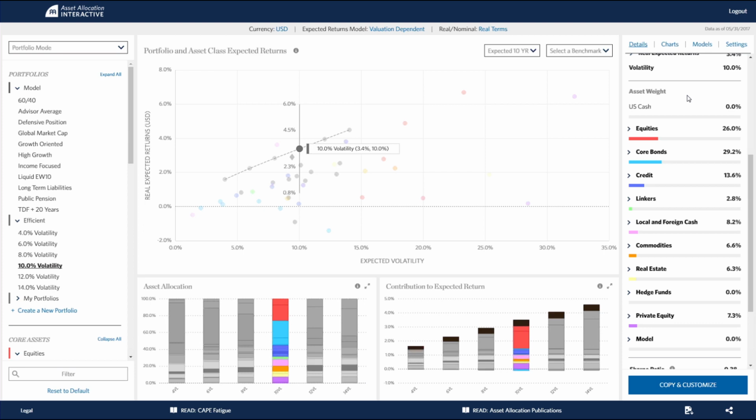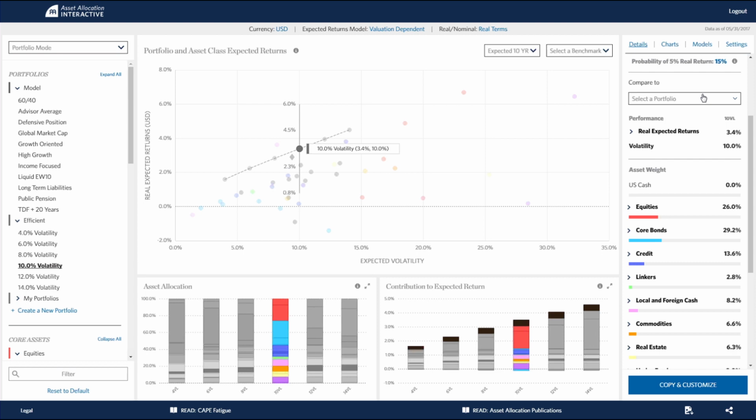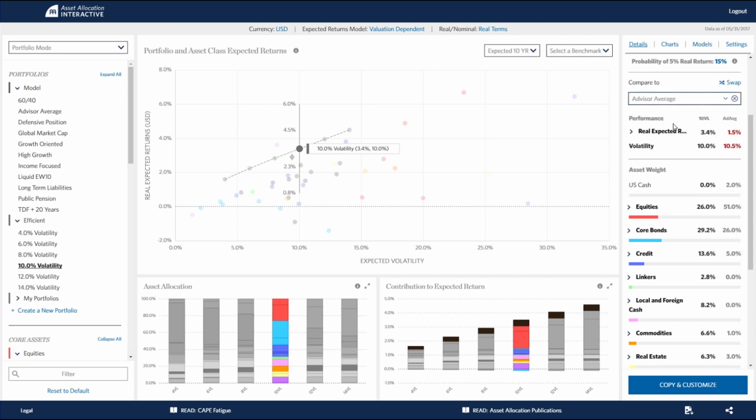We can go ahead and take a look at its allocations, but let's do that in comparison to the average advisor. So we can see that this efficient portfolio has a return of 3.4% real, almost 2% above what the average advisor gets for actually slightly less volatility.